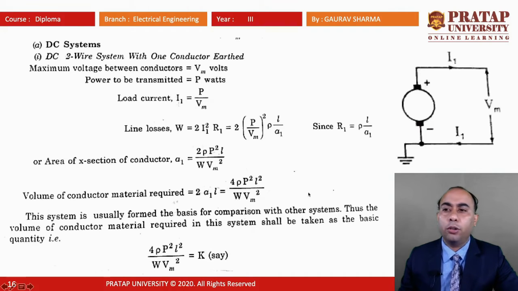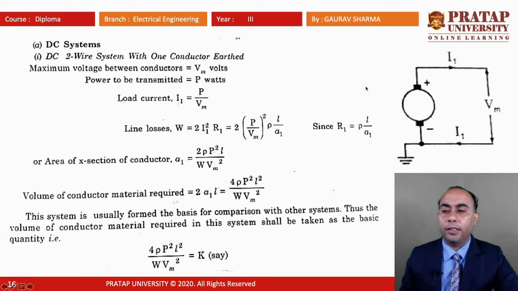First we took a DC system, a DC two-wire system with one conductor earthed. Looking at the diagram, between the two conductors the maximum voltage is Vm, and one conductor is earth, and the current flowing is I1.